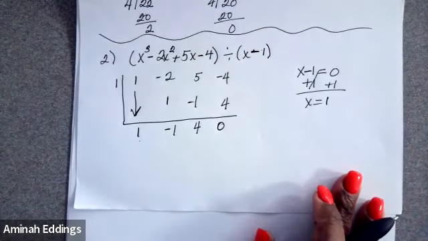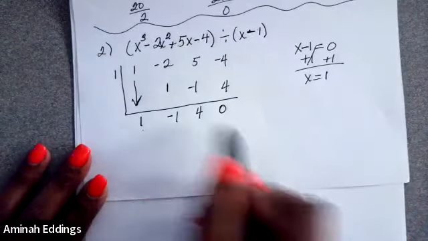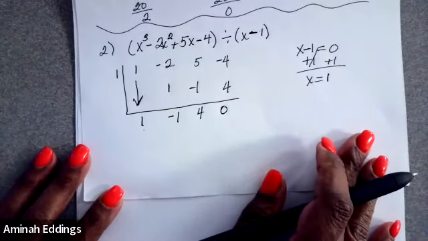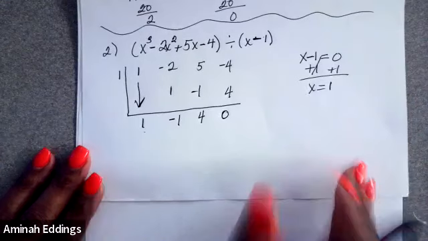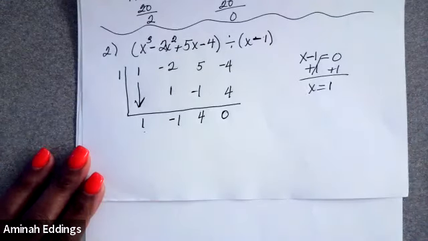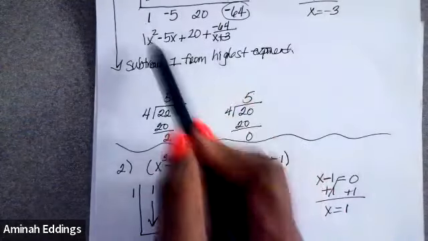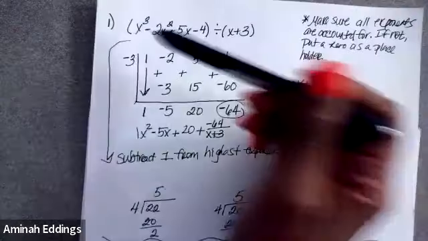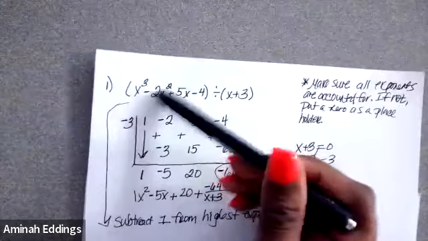Okay. All right. So what is this quotient? What does it begin with? Okay. So remember, our quotient, our answer will always be 1 less than the degree here.